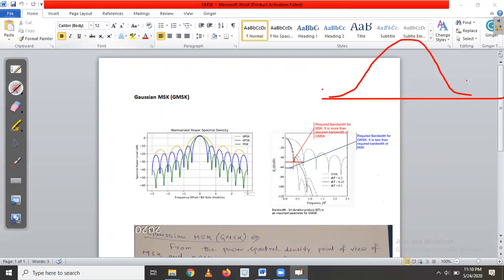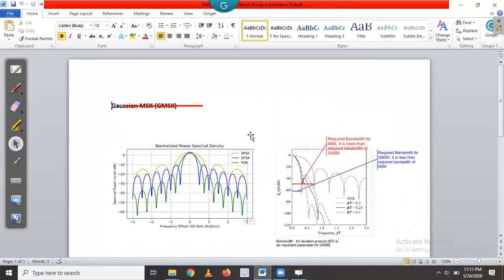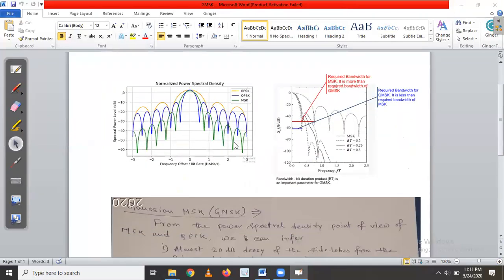In this case we use a filter whose impulse response has Gaussian nature, which is why the name Gaussian comes. It is a very simple thing and we'll discuss it briefly. First, remember that GMSK is used in GSM mobile phones.